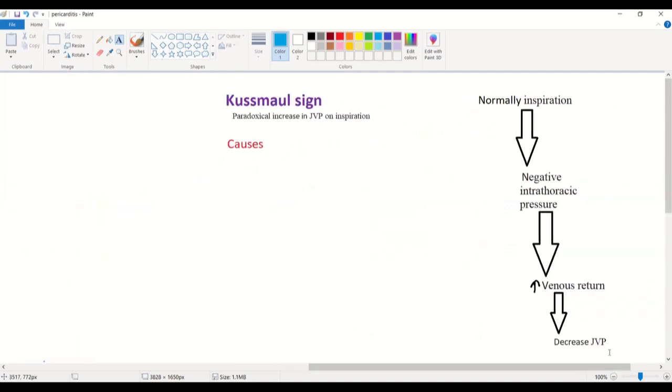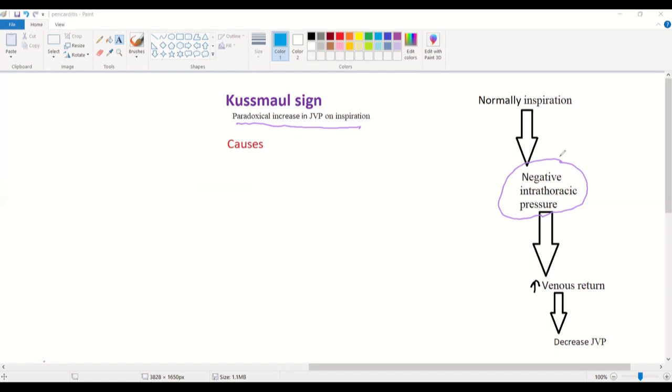So what is a Kussmaul sign? It is a paradoxical increase in JVP on inspiration. When we inhale, what happens? Intrathoracic pressure will be decreased, right?